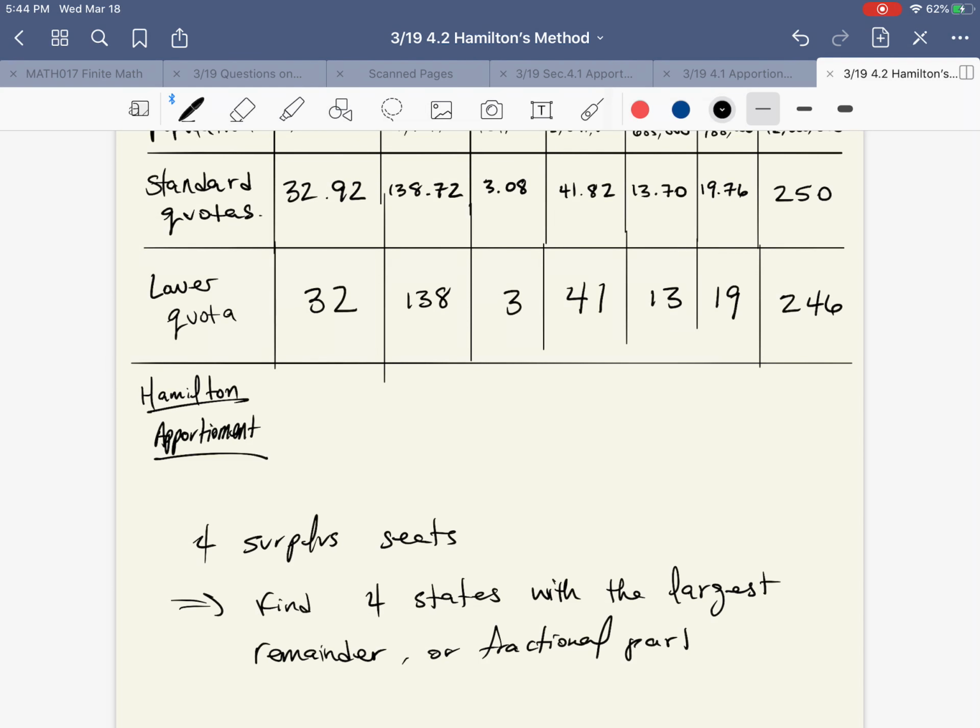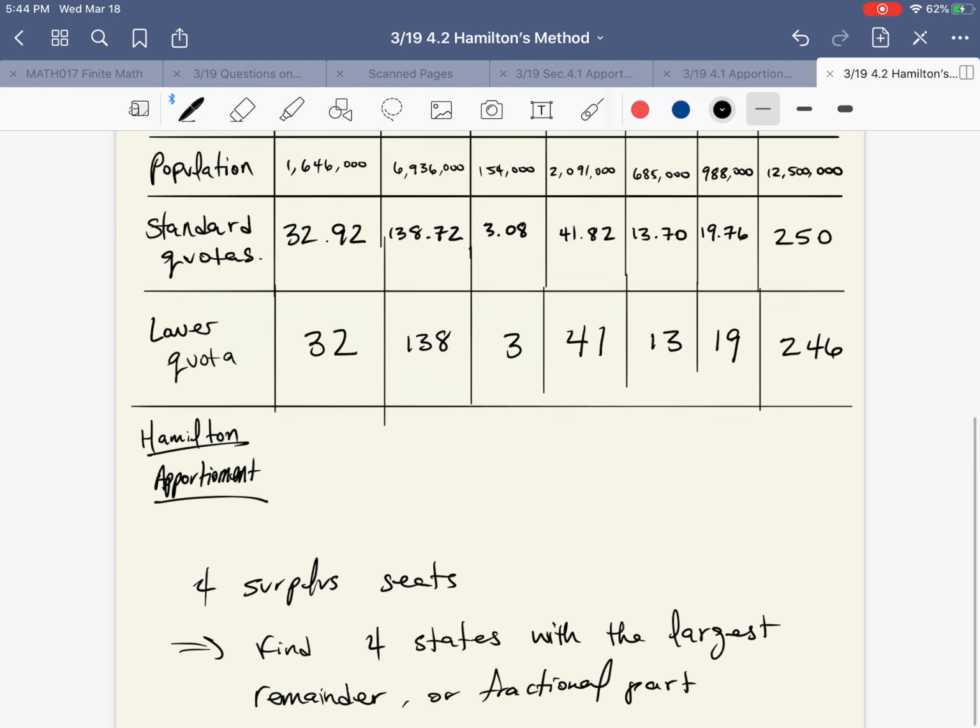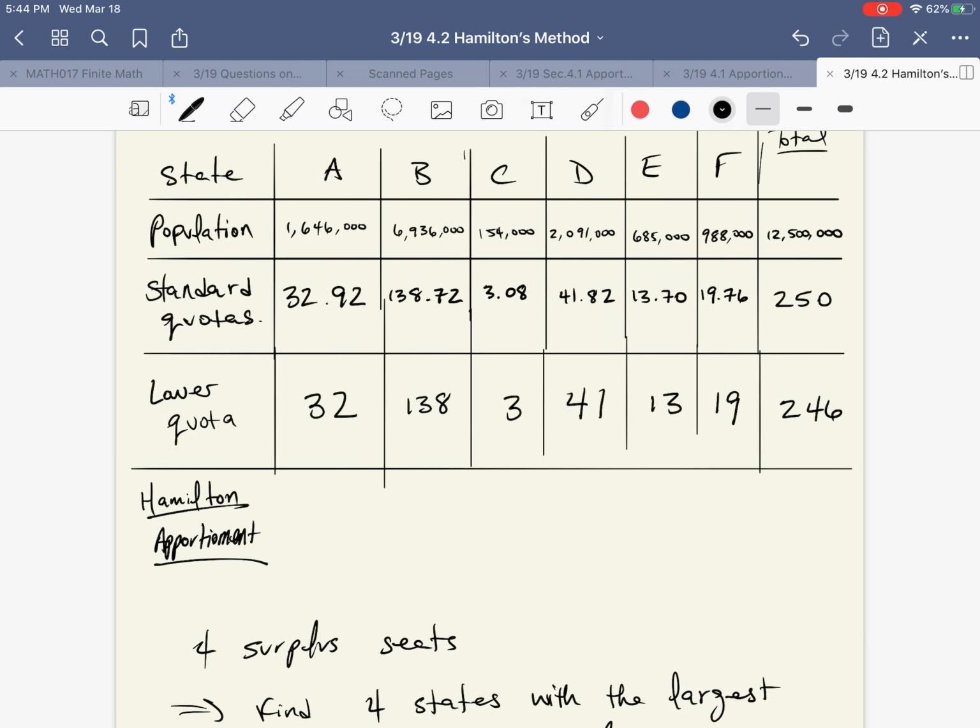Another word for fractional part or remainder is residue. You might see the book use the word residue, but that doesn't mean anything different than these. Okay, so what are those?